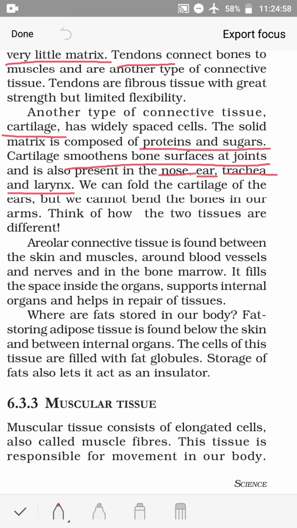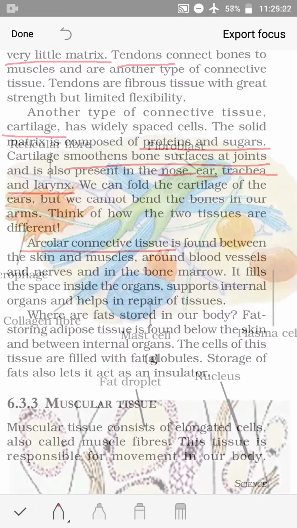Areolar connective tissue is found between the skin and muscles, around blood vessels and nerves, and in the bone marrow. It fills the space inside the organs, supports internal organs, and helps in repair of tissues. This is also called loose connective tissue. It can also be said to be the filling tissue.